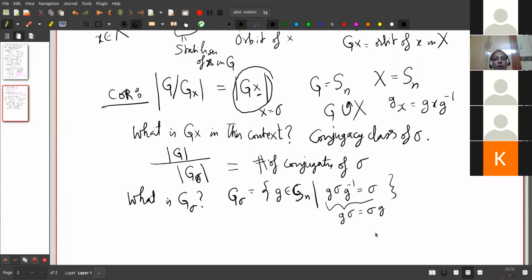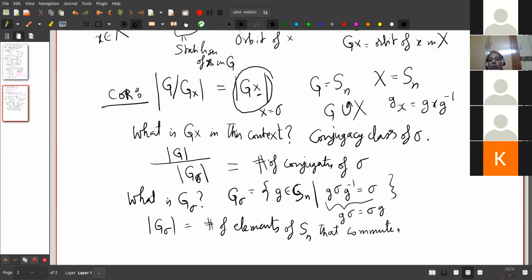Therefore, this cardinality is nothing but the number of elements of Sn that commute with sigma.